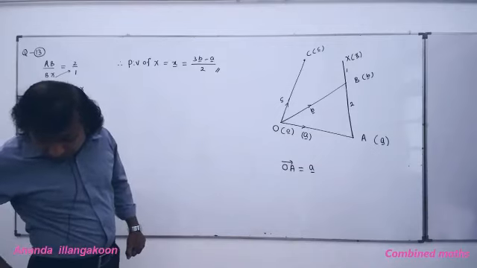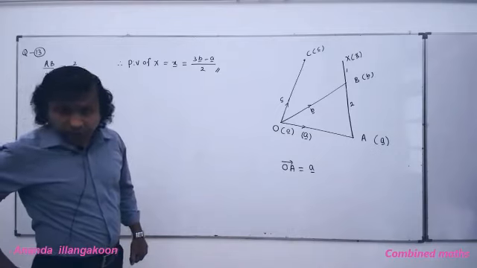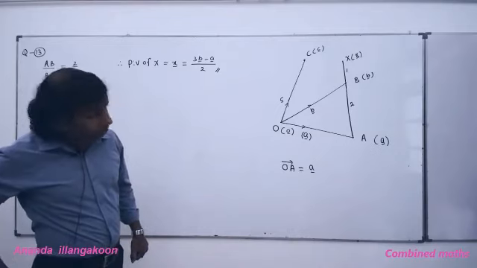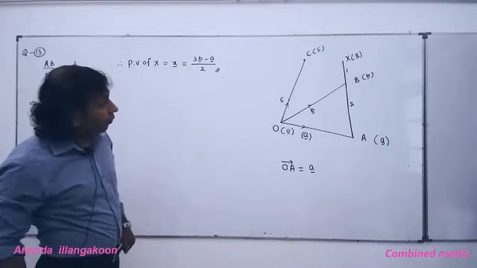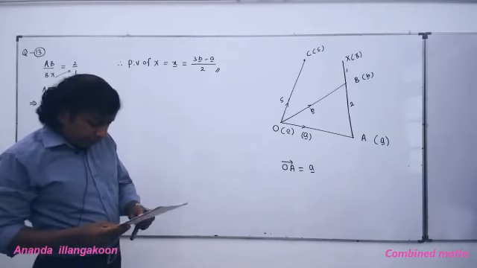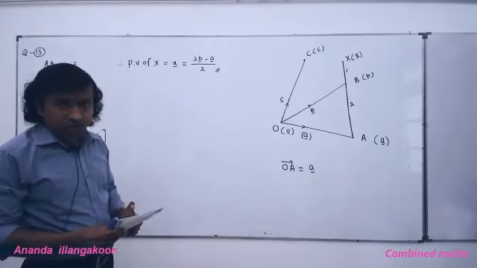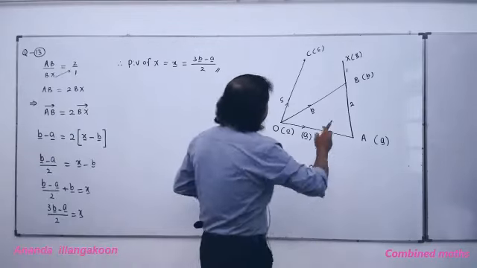Next one, people, if point Y lies on BC, between B and C, so that BY:YC is 1:3.